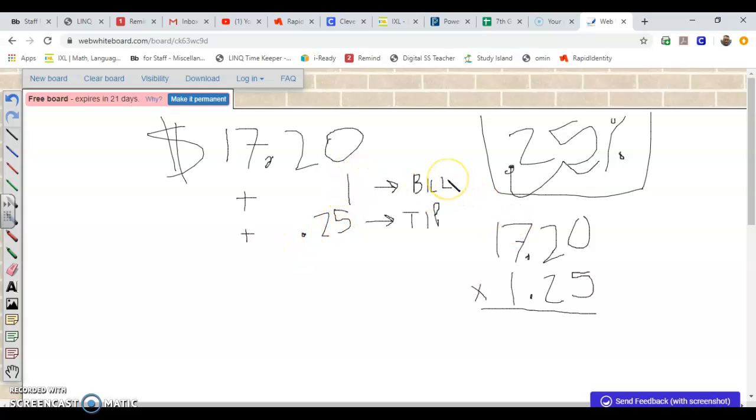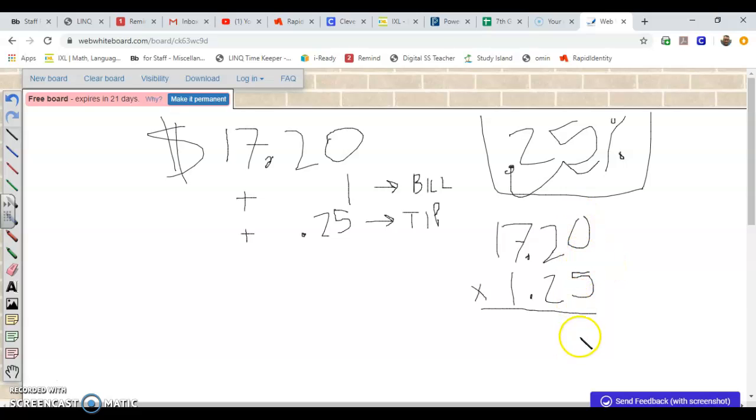Because the 1 is how much the bill is. Well, the bill is $17.20. But if I want the tip, then I'm just going to do the bill amount times just 0.25, and that'll give me how much I'm giving the waitress, or how much the server is getting. But this time I want to know what my total bill is, including the tip.